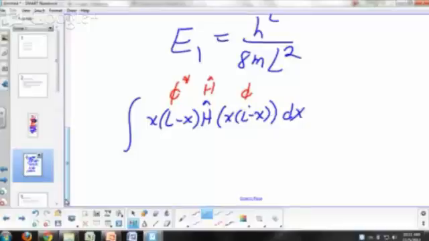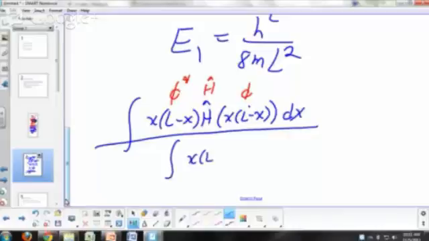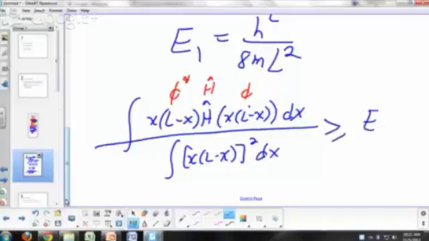What's our denominator? Integral of x times (L minus x). Since this is real, we'll just square it, right? So it's phi star times phi dx. Is that greater than or equal to E1?